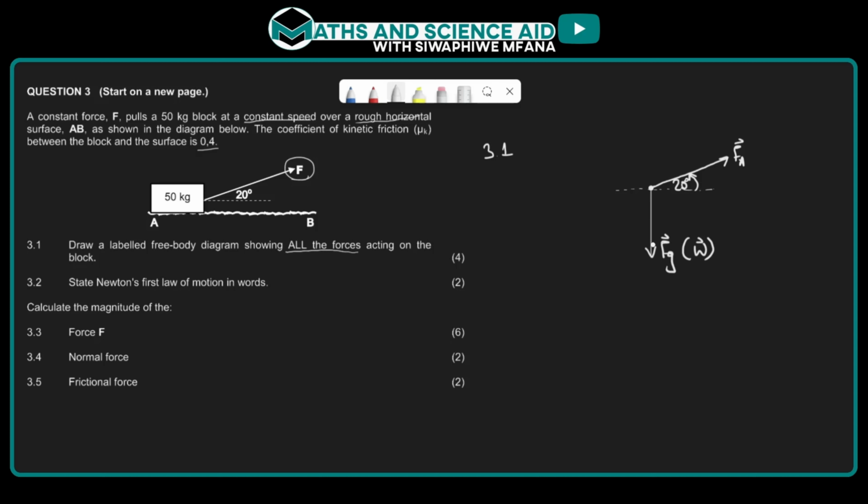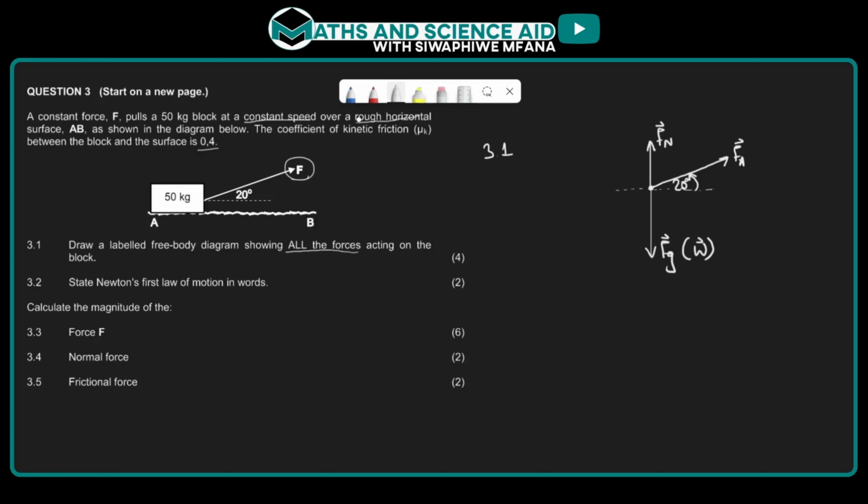And since this object is in contact with a surface, that surface is going to exert a normal force on the object, and the direction of the normal force is always upwards, perpendicular to the surface. So since our surface here is horizontal, the normal force is going to be upwards in the direction opposite the gravitational force. So this will be a normal force.